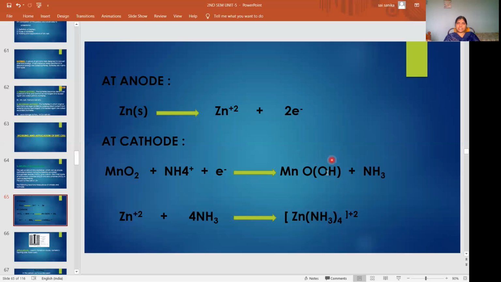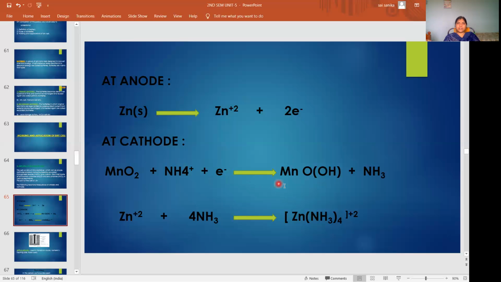So from where is it getting this H? It is taking it from NH4+. So here we are using the electrolyte NH4Cl and ZnCl2. From that NH4Cl, this NH4+ is reacting with MnO2, giving one hydrogen. So it is converting into MnOOH. So it requires one electron. It takes one electron and one hydrogen from this NH4+.